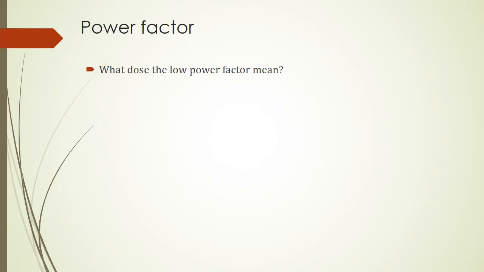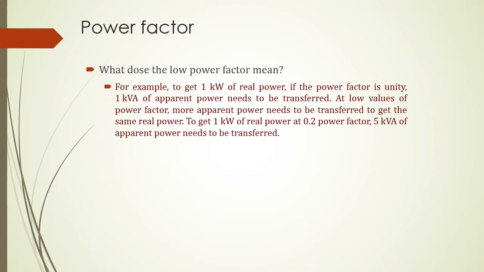So what does power factor mean? For example, to get 1 kilowatt of real power, if the power factor is unity, 1 kilovolt-ampere of apparent power needs to be transferred. If we get a power factor of 0.5, for example, then we need 2 kilovolt-ampere.